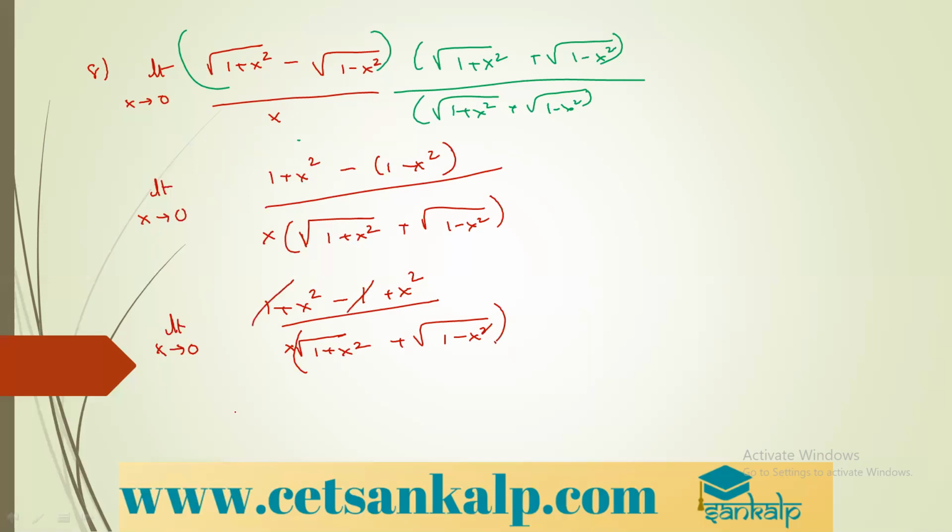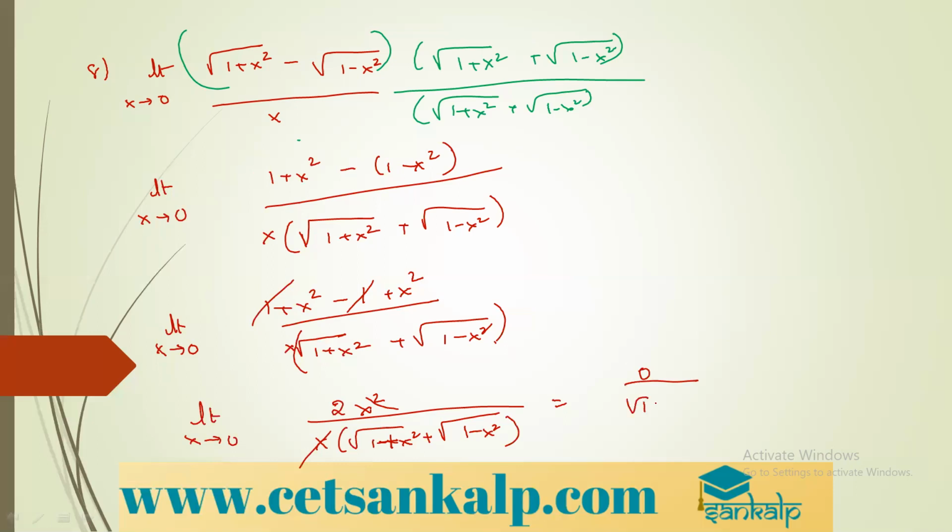So 1 cancels. That means I have limit 2x square by x into (square root of 1 plus x square plus square root of 1 minus x square). One x will cancel. Now you can put x as 0. 0 by root 1 plus root 1, that is 0 by 2. It's only 0.